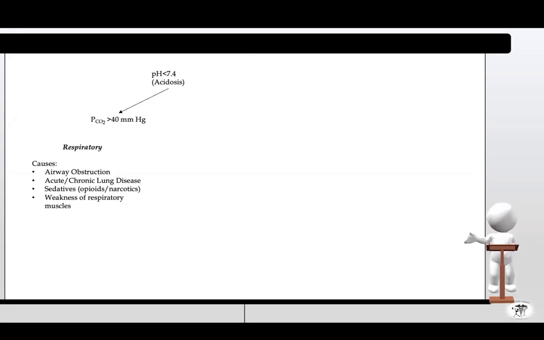This is where we are not clearing carbon dioxide, but we're also not getting the correct amount of oxygen coming in. That is going to lead to an increased amount of anaerobic metabolism, and the increase in anaerobic metabolism is going to increase the amount of metabolic acids being produced by the cells of the body as part of the hypoxic signals that take place.